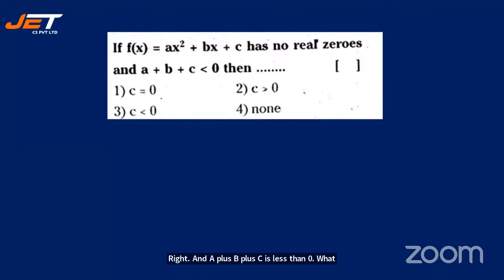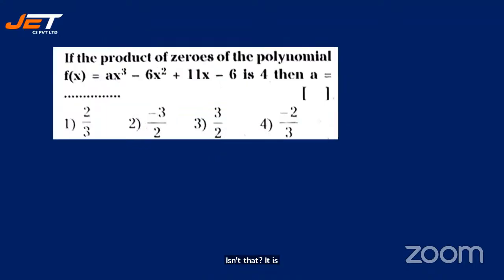The question itself contains the answer, so I don't think you have to really break your head in finding it. If you read the question properly, almost all are giving me option 3 as the right answer. Perfect. It is option 3, c less than 0. All right, see the next question.